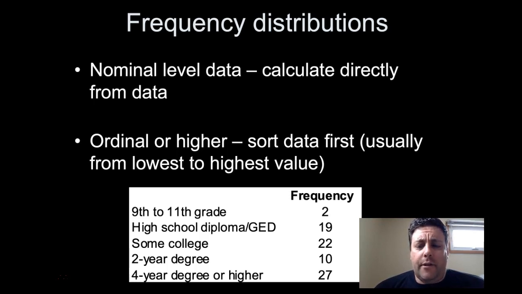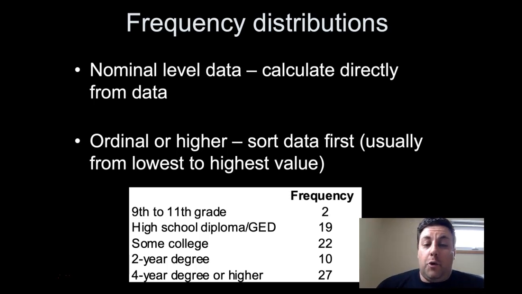We can assume that the question that went with this data probably was something like, what category best describes the highest level of education that you've completed? And this is a good example of an ordinal variable, although it's an imperfect example.